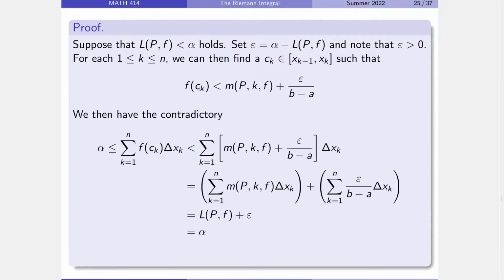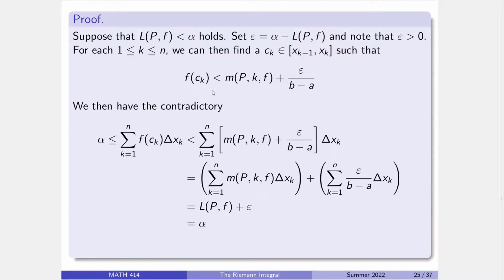All right, so I can find a choice of elements in my subintervals, and note that this is a Riemann sum, and so it's greater than alpha. Each one of these, though, is strictly less than that, and these are strictly positive, so when I multiply them across, the strict does not go away.